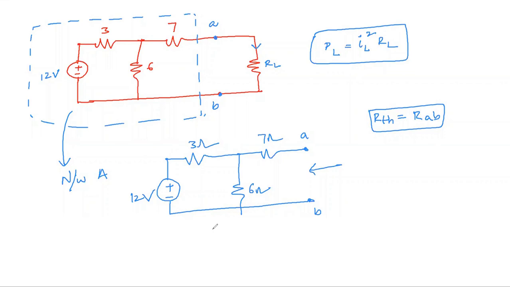So you have to short circuit the voltage source and we will find RThevenin. If you short circuit, you can replace this voltage source with a single line like this. Now tell me what is RAB. If you find RAB, R equivalent, you will get RThevenin.